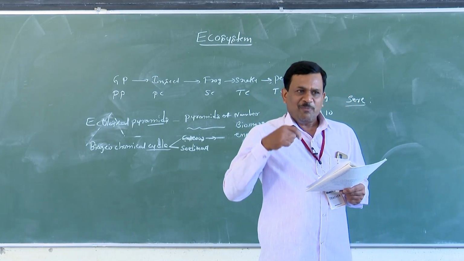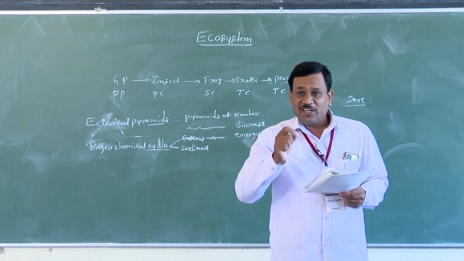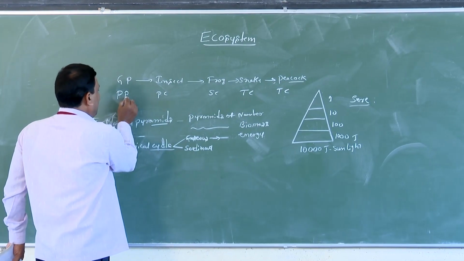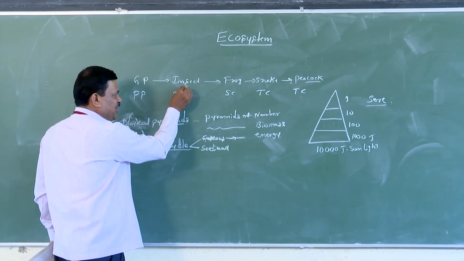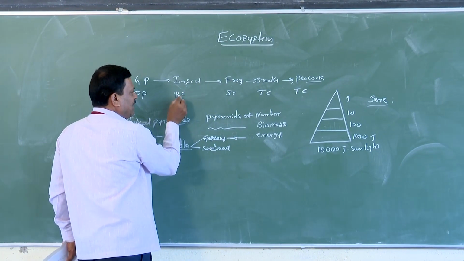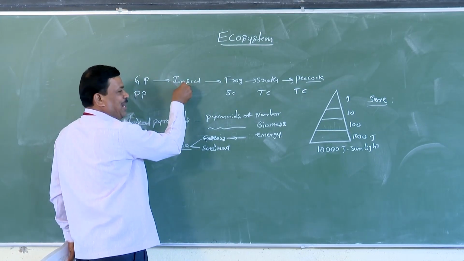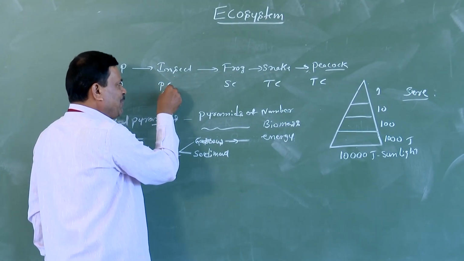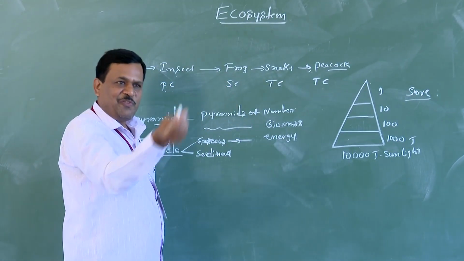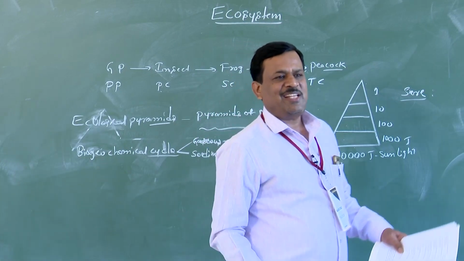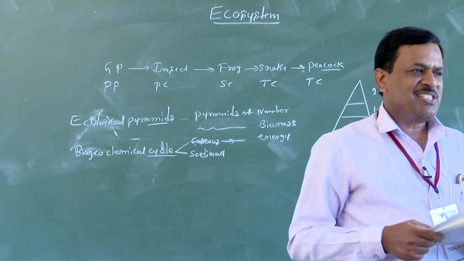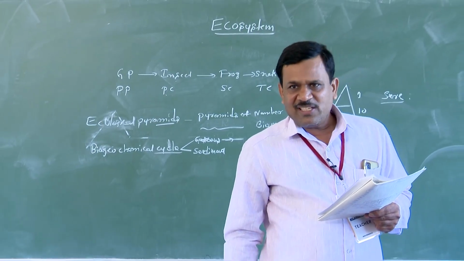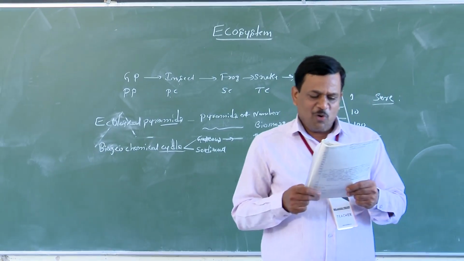Small fish are eaten by large fish, and the big fish also eat the small fish. Small fishes are primary consumers and large fishes are secondary consumers, so fishes occupy more than one trophic level. That is what we call more than one trophic level.